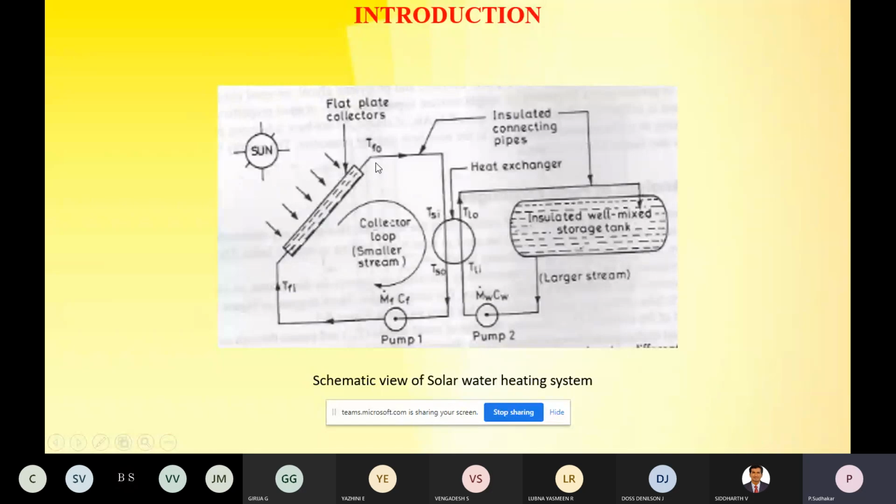The fluid going through the collector and the fluid circulating inside the storage tank will be different in this type of water heating system. For that reason they use a heat exchanger, because this fluid may be something other than water, such as a glycol mixture or some air, so that it does not come in contact with the water used on the load side. So this is the forced convection solar water heater.